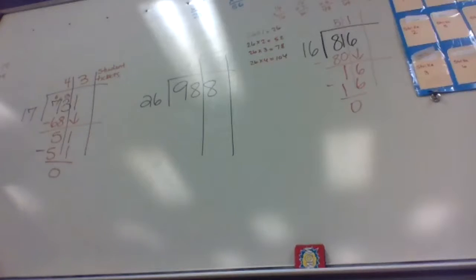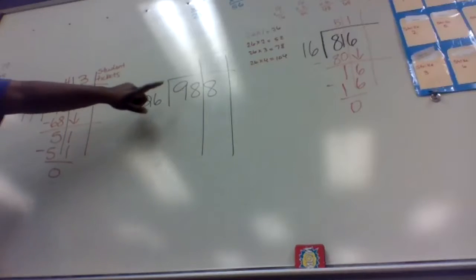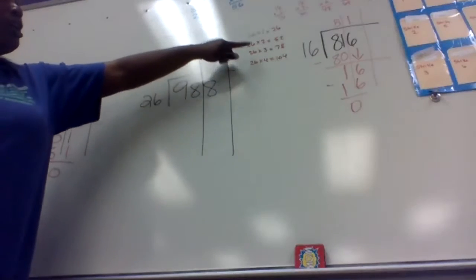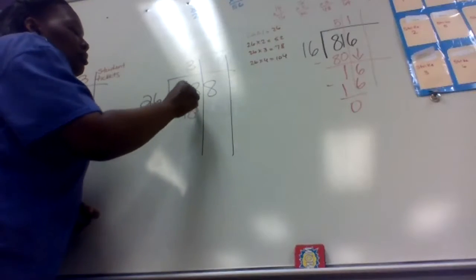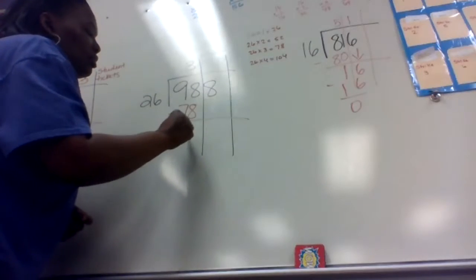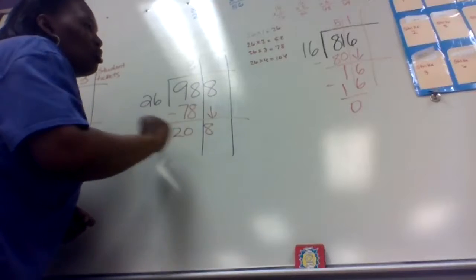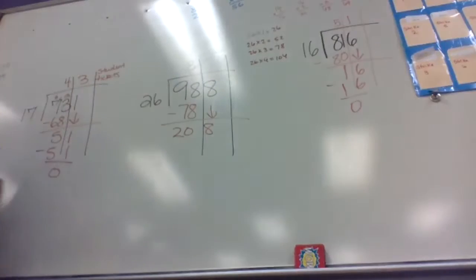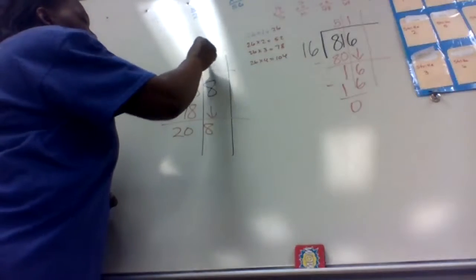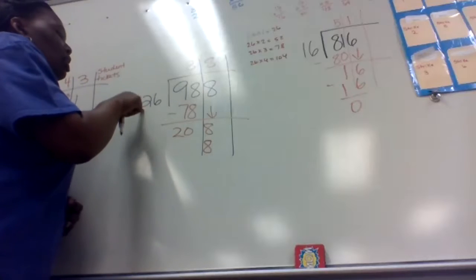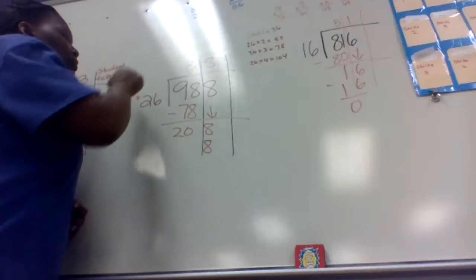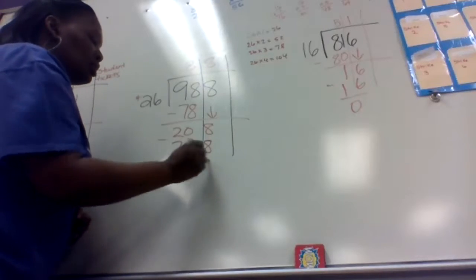All right. Now we got to do adult tickets. How many 26s go into 98? Look at your chart. 3. 78. Bring down your 8. That's 208. 26 times 8 is 208.